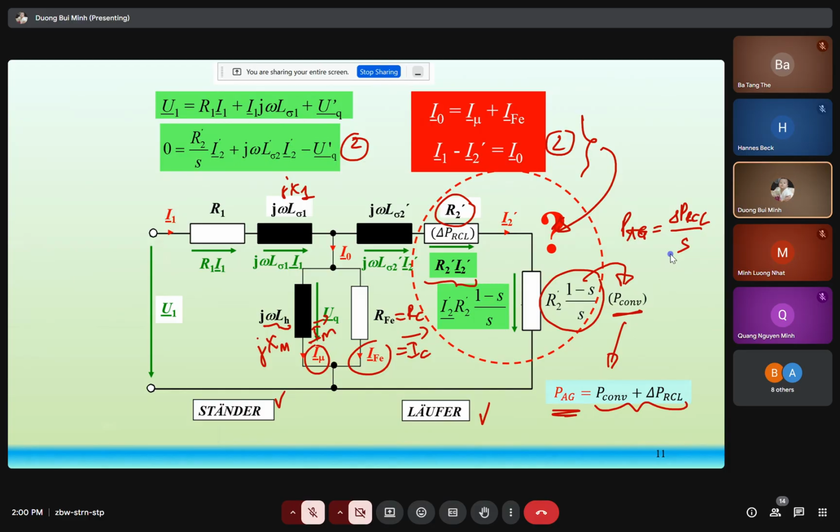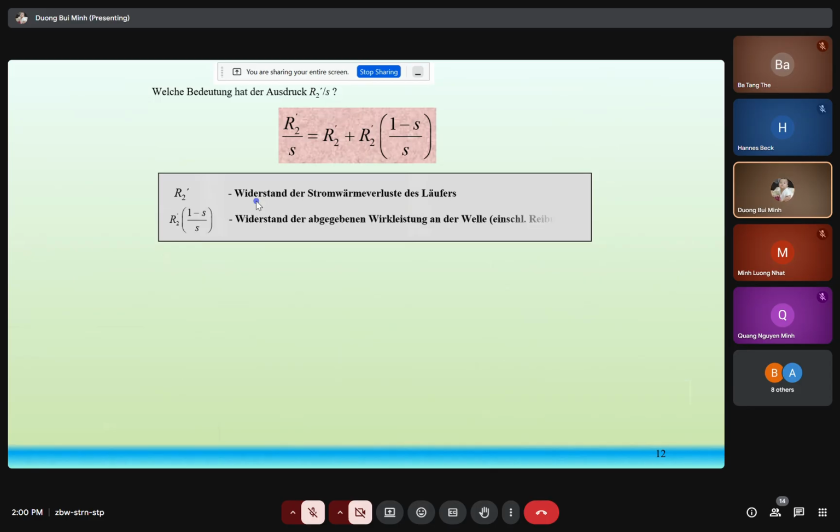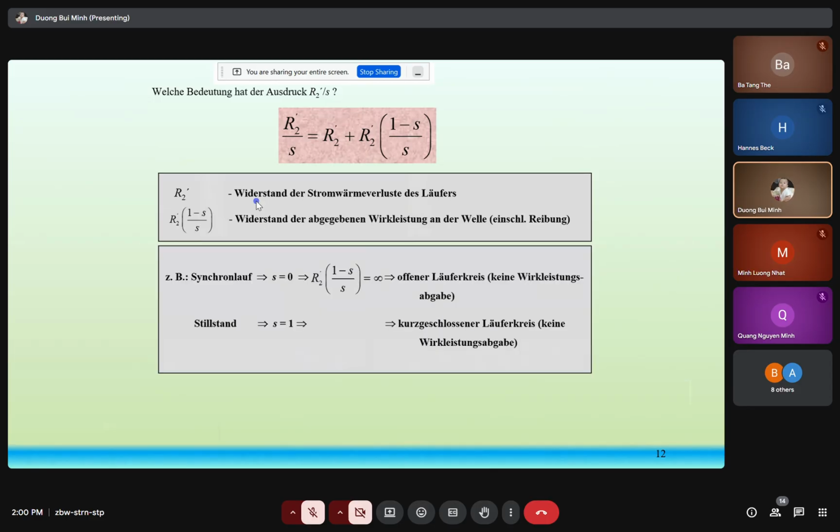Any questions? Remember that we should use primes for all the rotor parameters, referred to the stator.